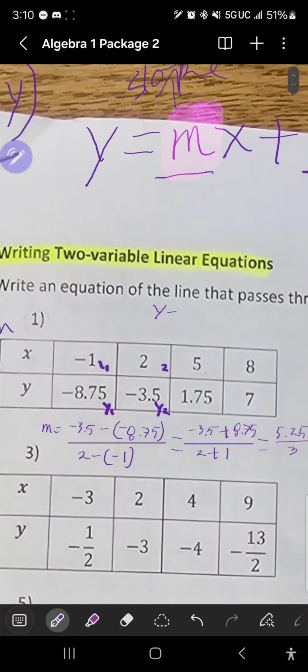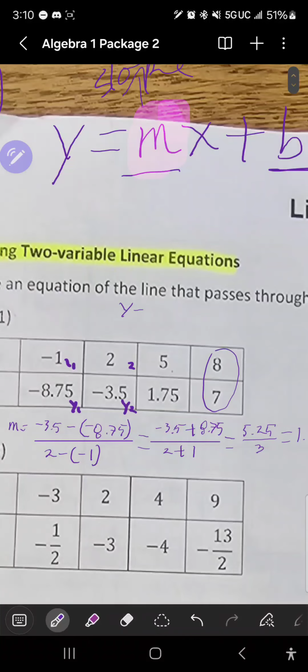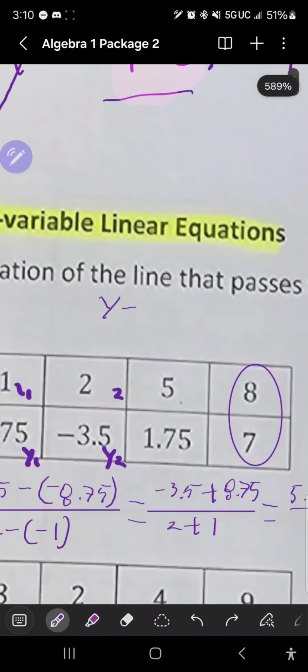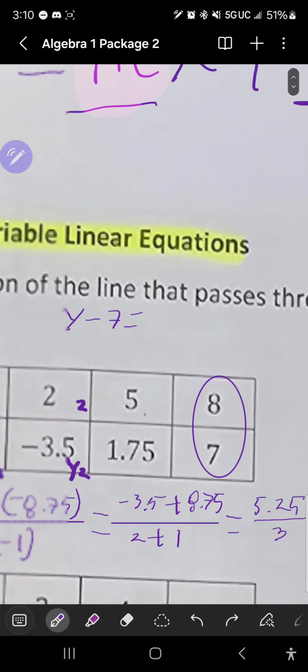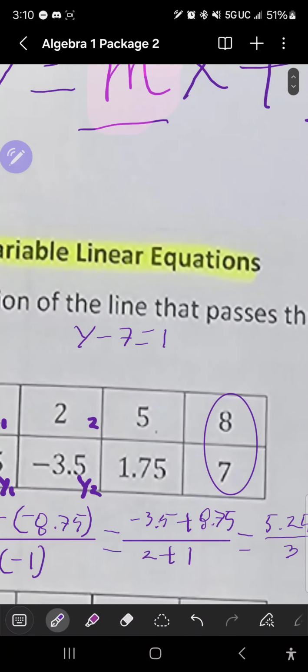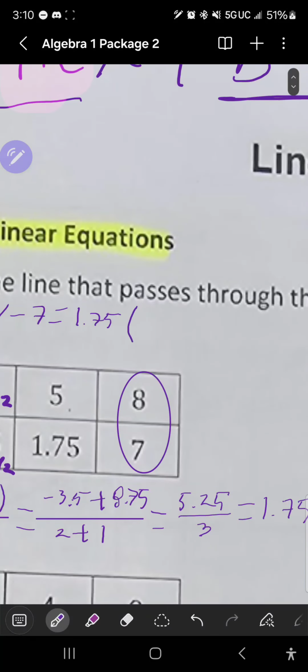I'm going to use this point, but you can use whichever point. I'm just going to use this one because it doesn't have a decimal, so it's going to be easier to use. So y minus 7 equals, we calculated that m is 1.75, so 1.75 times x minus 8.